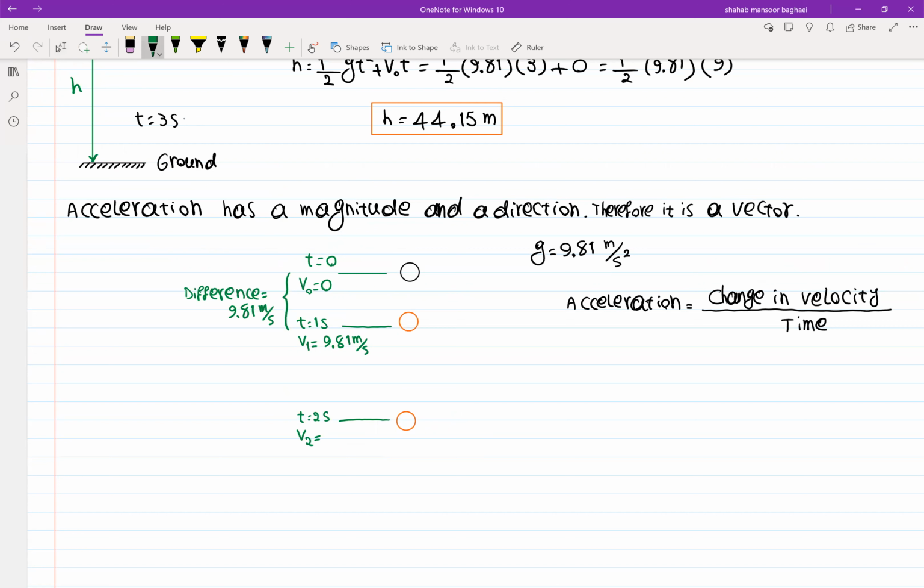Therefore, if the difference between here and here is 9.81, what is the velocity here? Although V1 is 9.81 meter per second. What do you think?